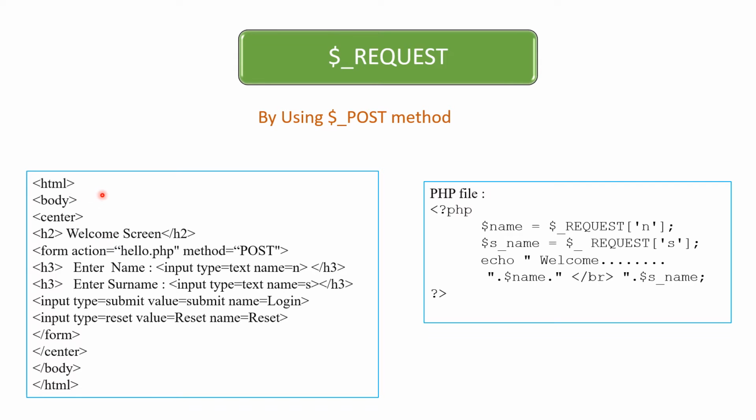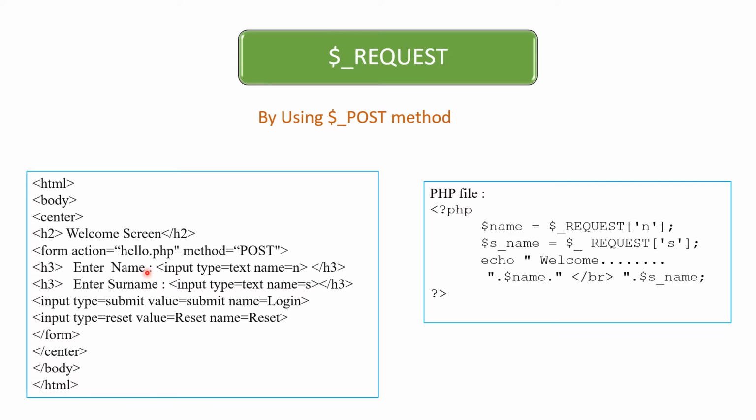This is your HTML script. Here we can design the welcome screen, and in this screen we can write the form tag and give the action equal to hello.php. This is our PHP file, and we set the method equal to post.